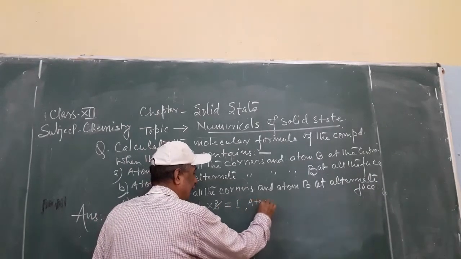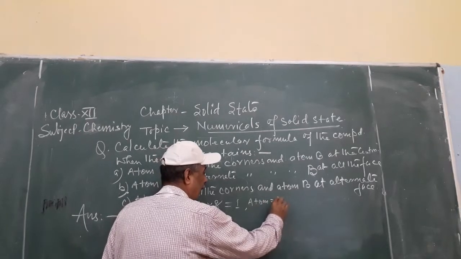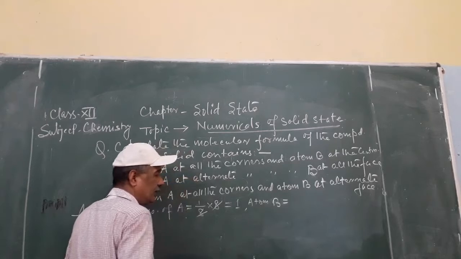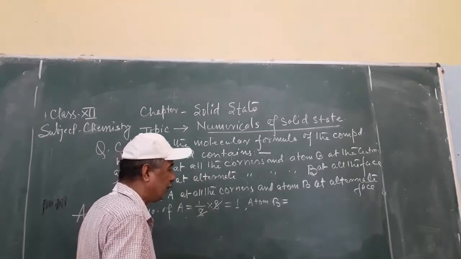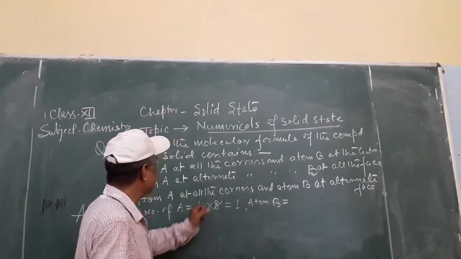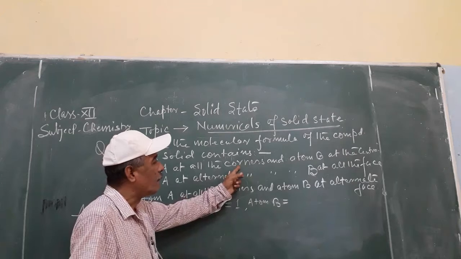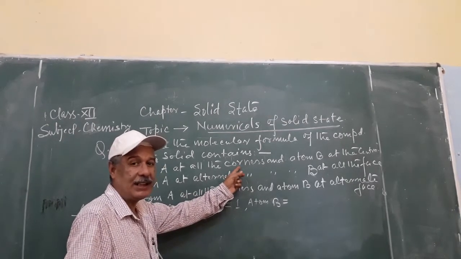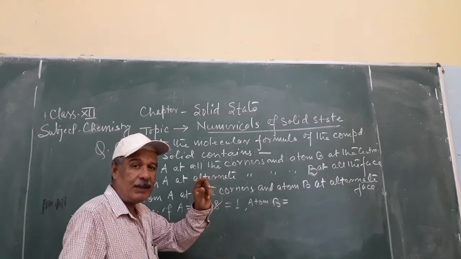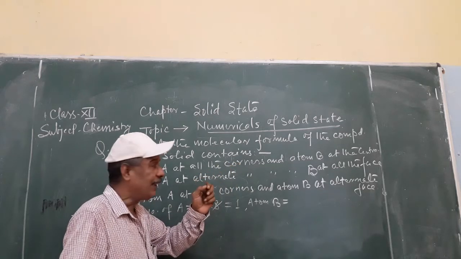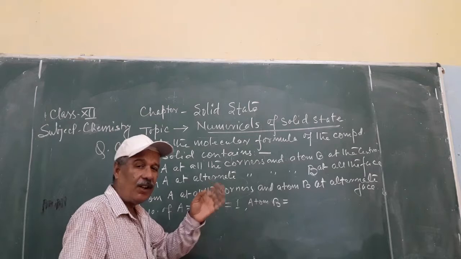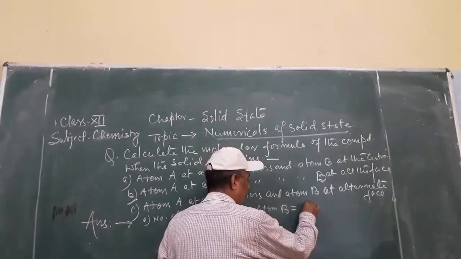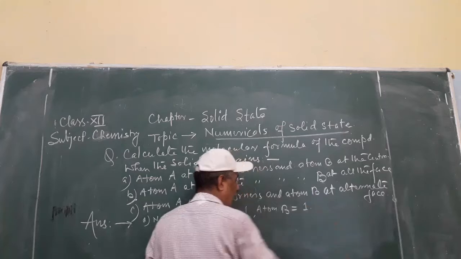Atom B is at the center of the unit cell. When any atom is at the center of the unit cell, then 100% of it is inside. So the number of atoms of B will be 1.